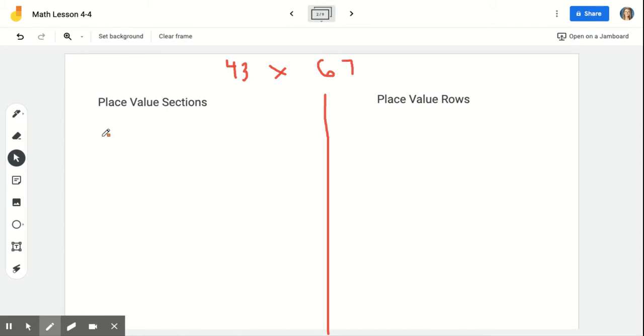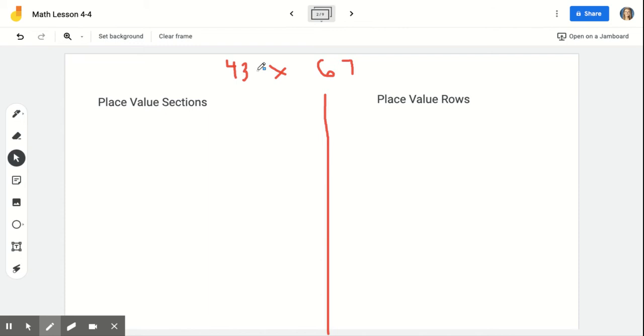And on the left-hand side, I'd like you to write out place value sections. And then on the other side, write out place value rows. So one method here is the place value sections, and the other way we're going to solve is using the method place value rows.